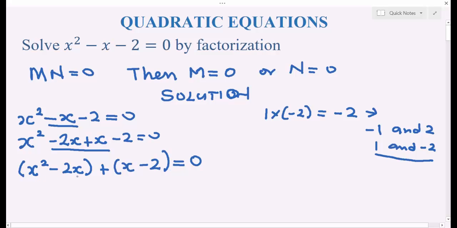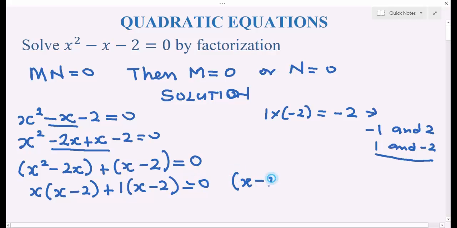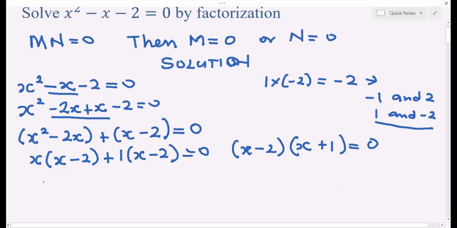We'll look for what is common in the brackets. x is common here, we'll bring it out, so x times (x minus 2), plus, there's an invisible 1 here before the bracket, so you can see that we have x minus 2 common. So we say (x minus 2). In the first term we have x left, and in the second term we have 1 left. So this will give us 0.